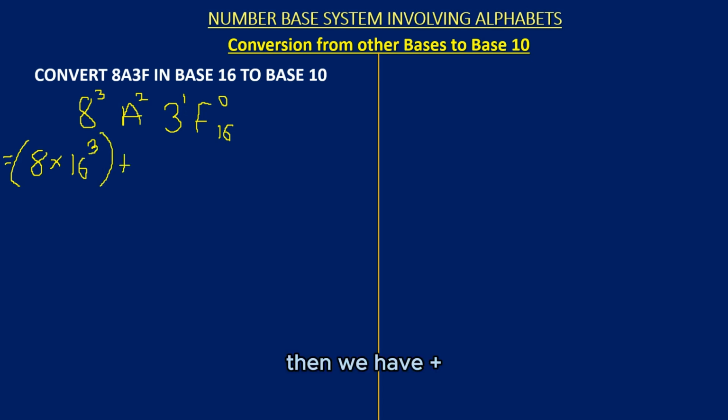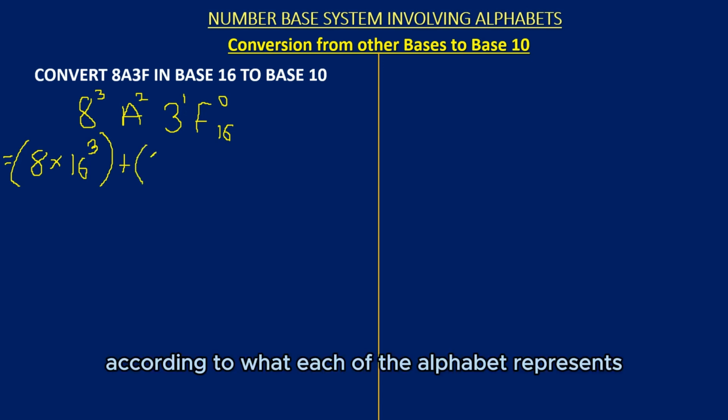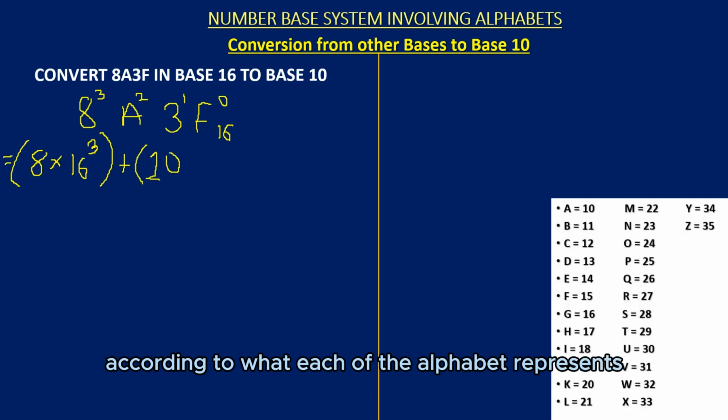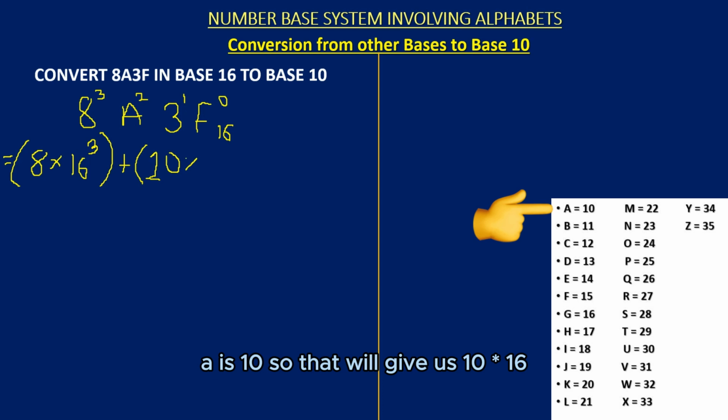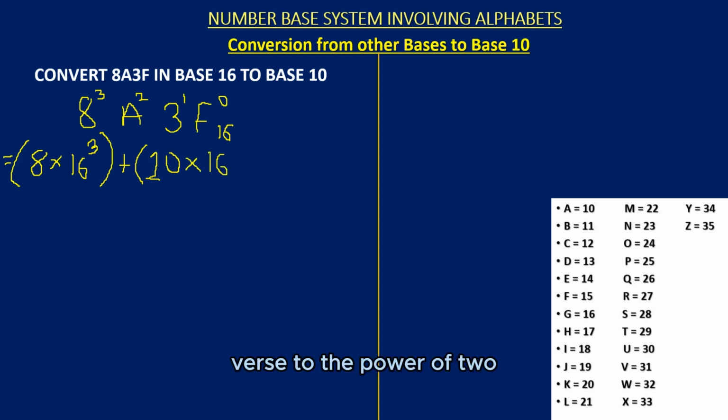Then we have plus. Now instead of A, according to what each of the alphabets represents, A is 10, so that will give us 10 times 16 raised to the power of 2, plus 3 times 16 raised to the power of 1.